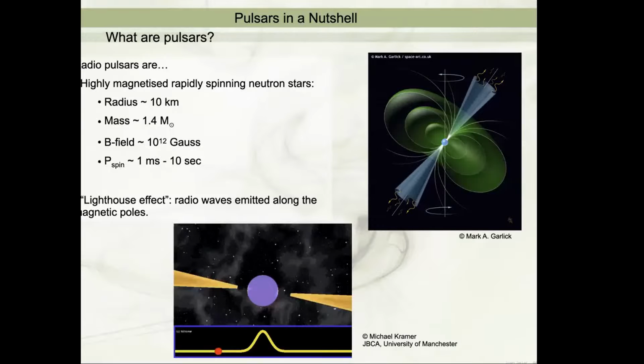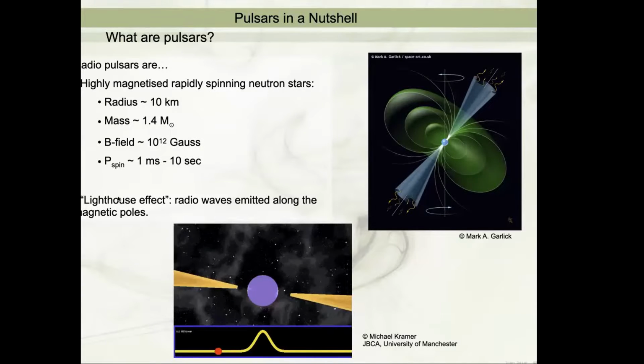So pulsars are magnetized, very fast spinning neutron stars. So neutron stars, now I need to tell you a bit what they are as well. Neutron stars are these very, very tiny objects. We're talking about 10 kilometers in radius, but they contain about 1.5 times as much matter as the sun.